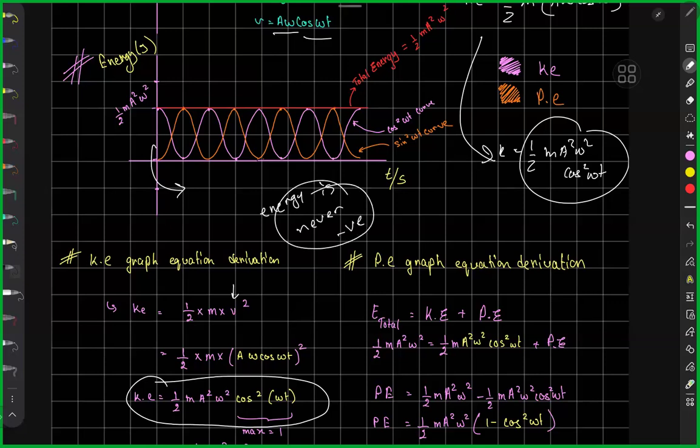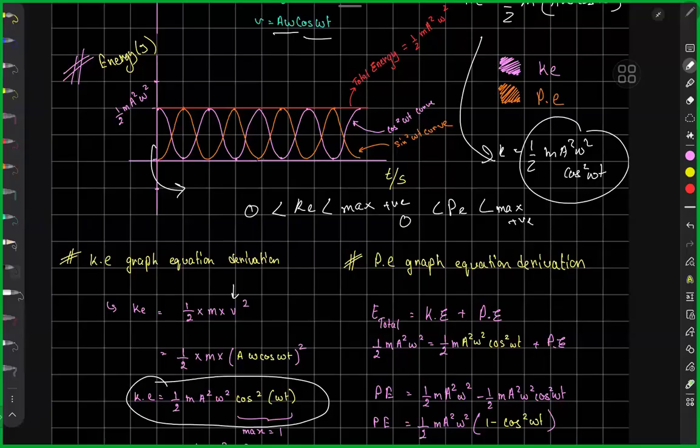Talk about kinetic energy, talk about potential energy, none of them are ever going to be negative. So what is the variation possible? Kinetic energy can vary from 0 to a max value that is positive. Potential energy can also vary from 0 to another max but positive value. So these are the bounds of the kinetic and potential energy: they vary from 0 to a maximum value. That is pretty much it.